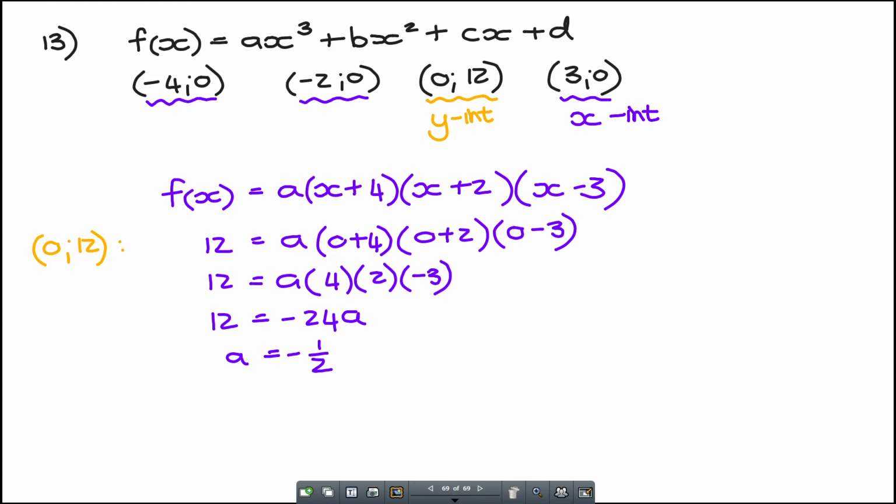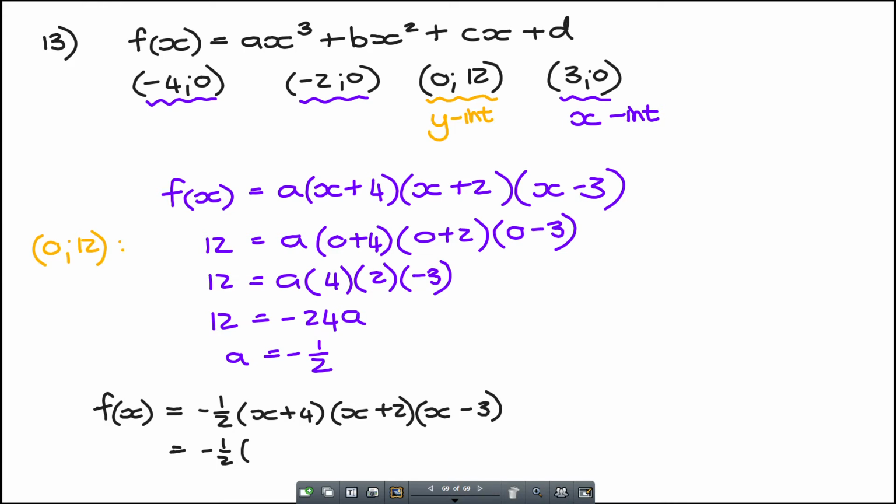Alright, so now I know that f(x) is equal to minus a half, x plus 4, x plus 2, x minus 3, en as my spasie bietjie min, so ek gaan dalk stappie skip. So you're going to multiply out daai 3 hakkietjies.